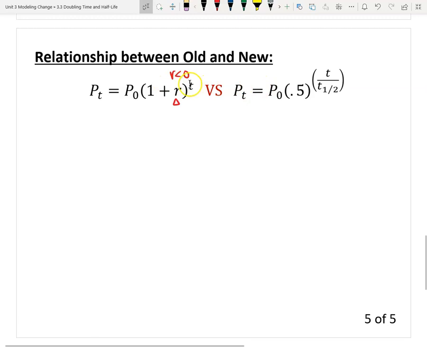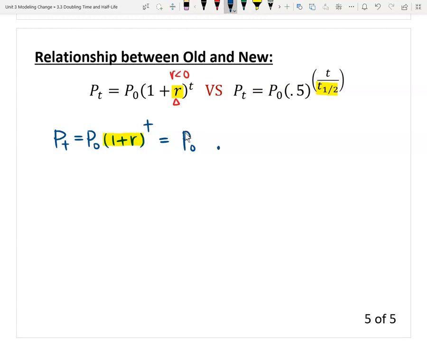Now let's do a little math to find out the relation between r, which is the decay rate, and T1/2, which is the half-life. Let's start from the old one: P(t) equals P0 times (1 plus r) raised to the power t. I will convert the old model to the new model. First, let me convert this old base to the new base 0.5.